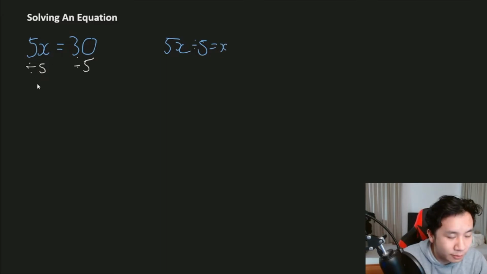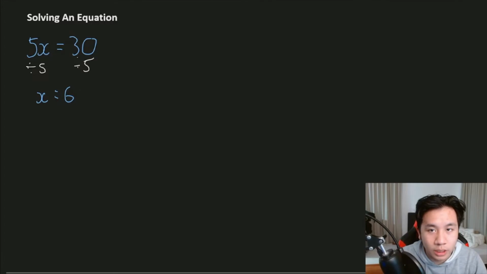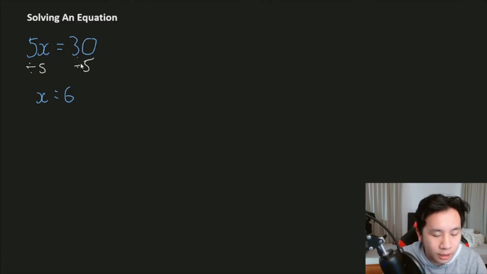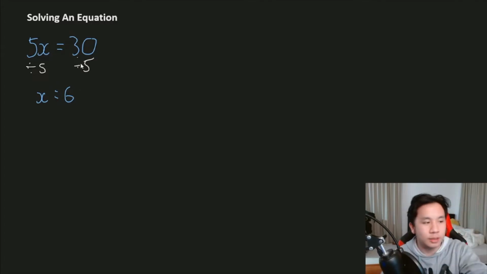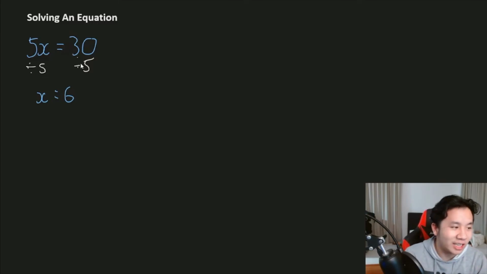So 5x divided by 5 is x. And we know that 30 divided by 5 is just 6. And we have the solution, okay? I know it looks kind of weird, and it looks slower than me guessing that it's equal to 6. But just trust me that this is the way you should do it.